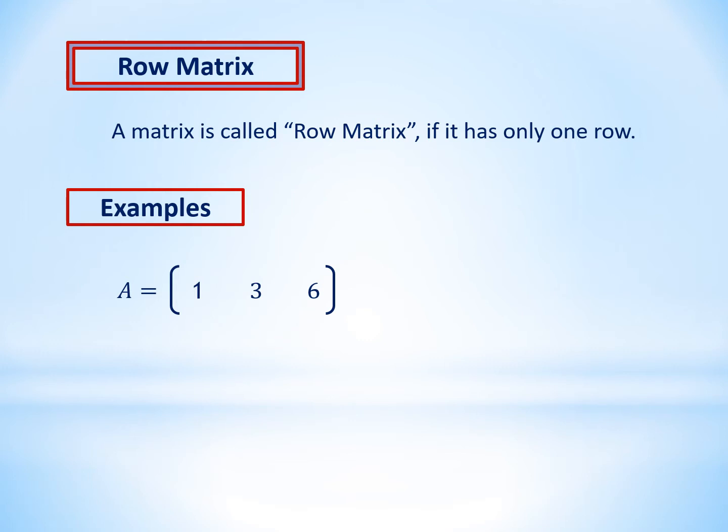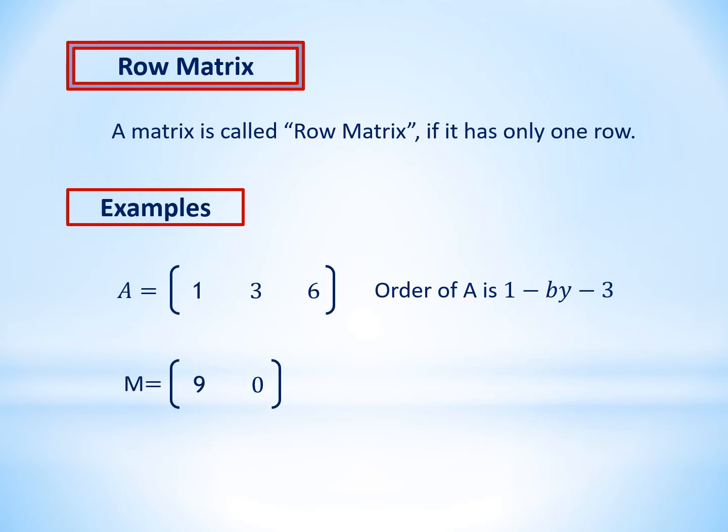But here we are not focusing on its columns. We are considering its row only. So it is a row matrix. And its order is 1 by 3 as it has only one row and 3 columns.